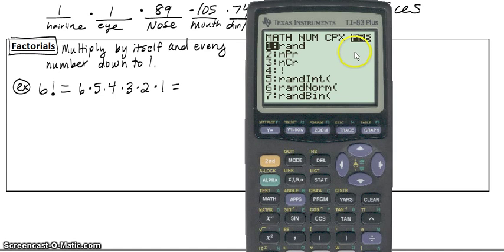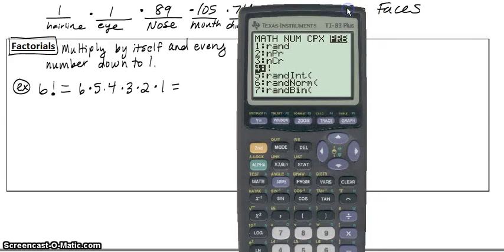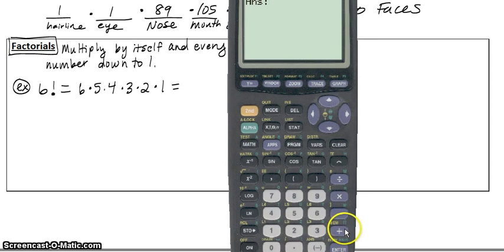So again, this is our probability chapter. All this stuff is under the probability section, and you select number 4. Now I have a problem here, and that is I have not yet typed in my numbers. So before you select that, you're going to want to type in the 6 so that you do 6 and then the factorial. So see, that's not going to work for me. Okay, so I'm going to go back to 6, then the factorial, and the answer is 720.